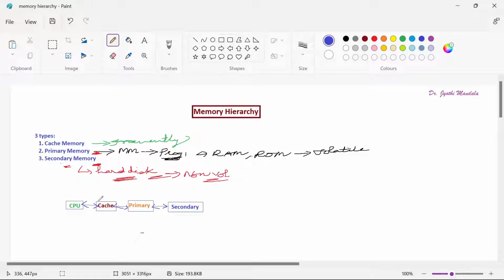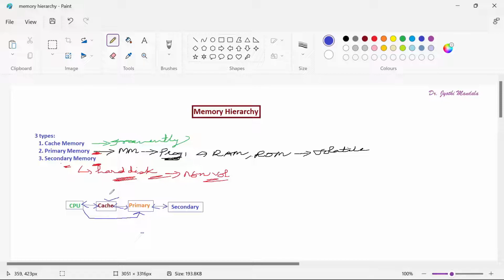Now why do we need cache memory? Because the frequently accessed data should be available here. The cache memory is of high speed. The CPU can access the primary memory also, but the time required to get the data from the primary memory is more when compared to getting the data from the cache memory.